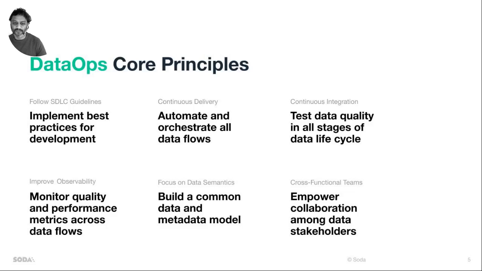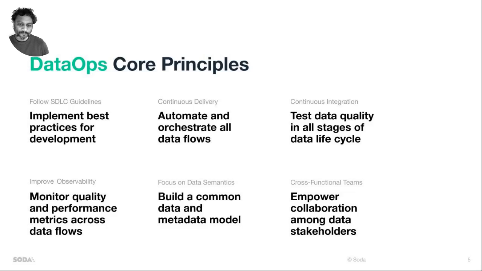And data engineering and data science are code heavy. That means you want to use best practices that are lessons learned from software development. You want to follow the SDLC, the software development lifecycle guidelines, and implement that into your data engineering, data operations, and analytics projects.